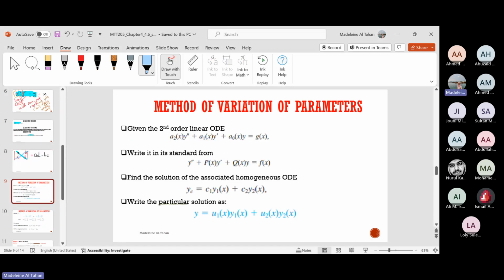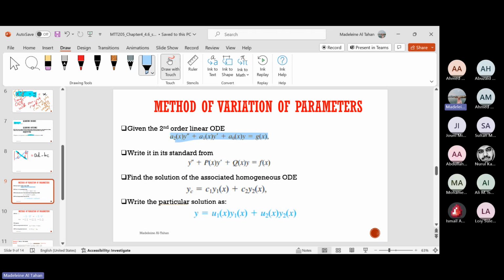So our aim is that we will start with this differential equation. It's non-homogeneous. In order to solve it, first we need to solve the homogeneous one and find its answer. Our aim here is about the particular solution. So we need to write it in standard form.